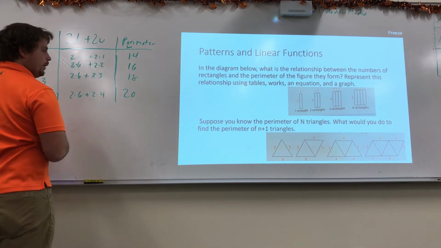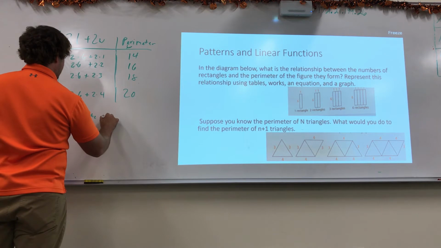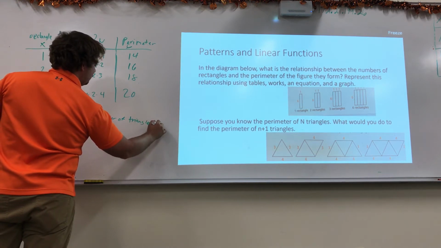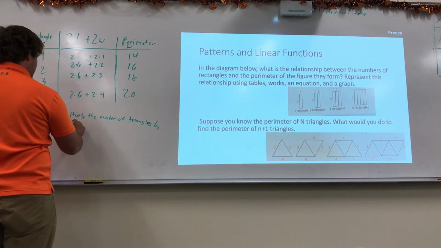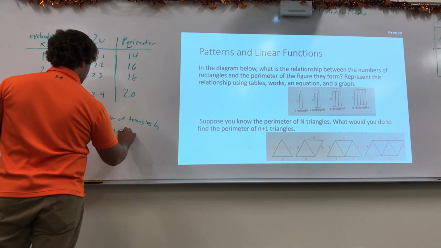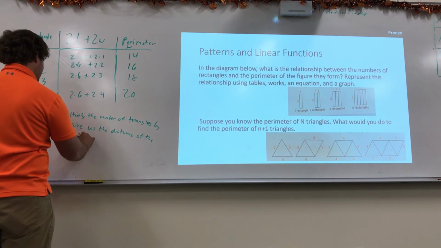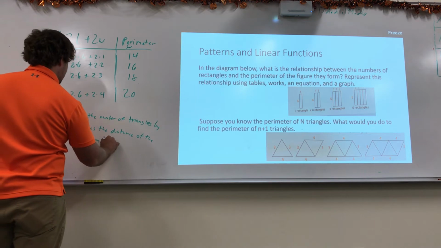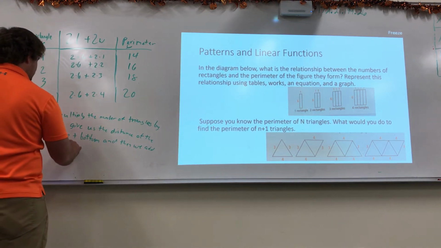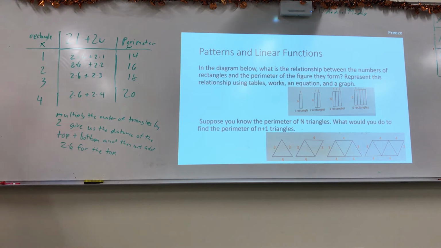So what it's really doing in this one is multiplying the number of rectangles by 2, giving us the distance of the top plus the bottom, and then we add 2 times 6 for the sides. All right, that would be my words.